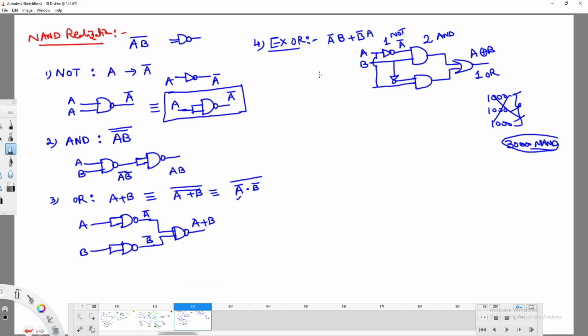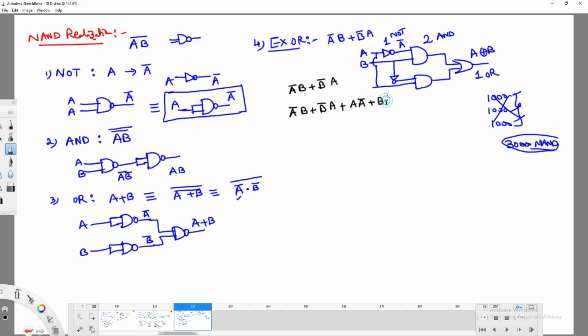Okay guys, here the expression is A bar B plus B bar A, right? As I am trying to write everything in its complement form, I am trying to get the complemented data. So A bar B, B bar A, I will try to add A A bar. Is there any problem?